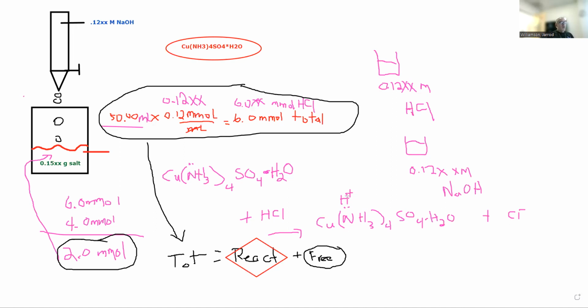And if I know the millimoles that were reacted, I will then know the millimoles of ammonia that was in the salt. Because for every millimole of NH3 in the salt, 1 millimole of hydrogen ion will react.